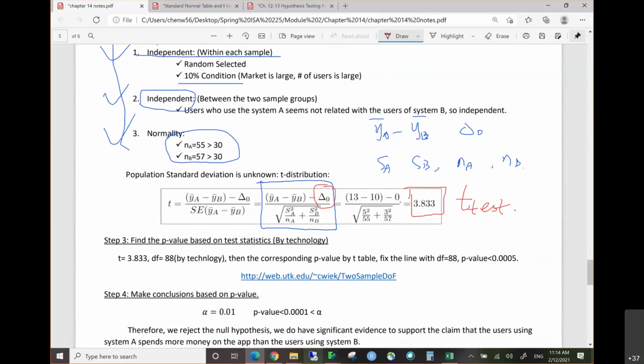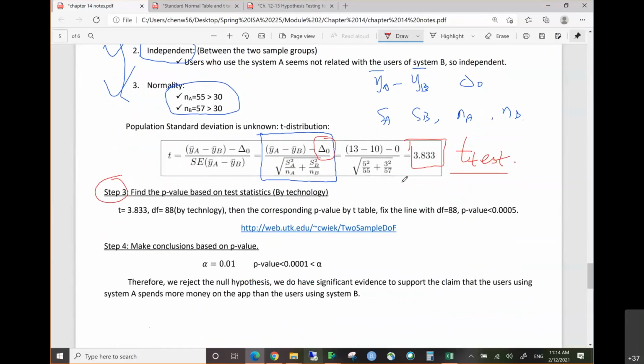Okay, so once you have the t-test statistics, next step, find the p-value based on your t-test statistics. How can we find it? Let's just think about it before we go to the t-table. We have degree of freedom for the t-table.